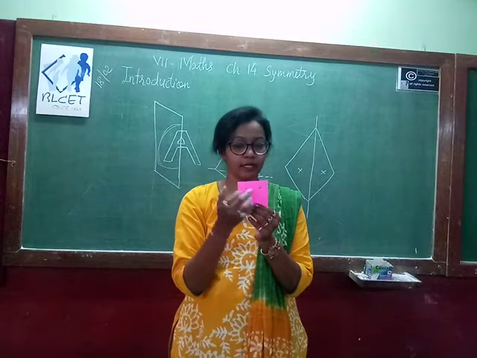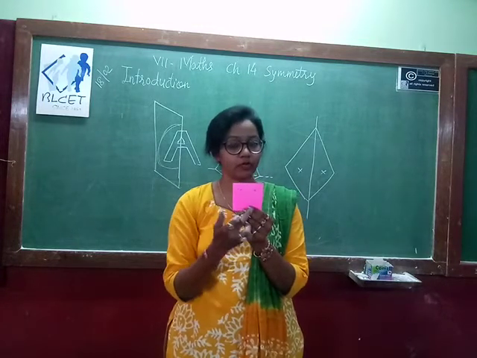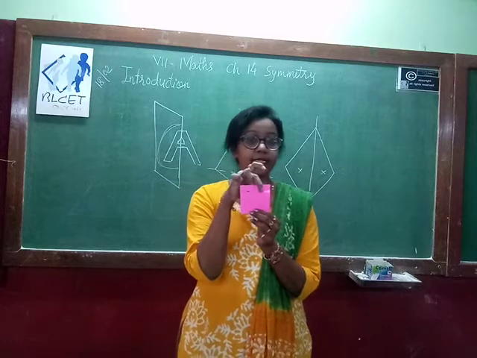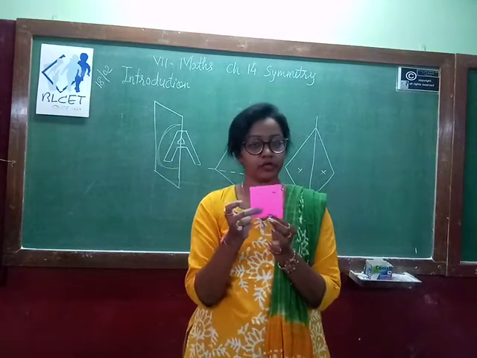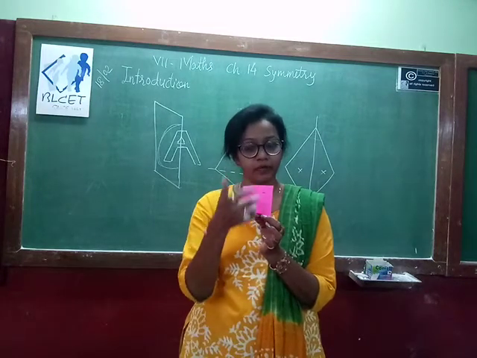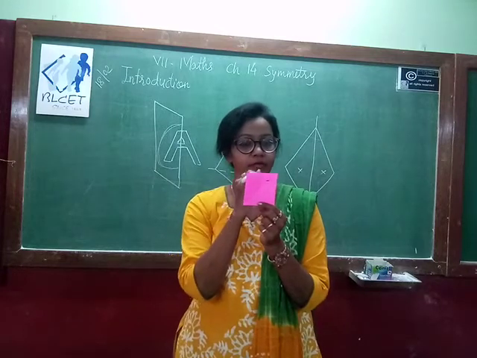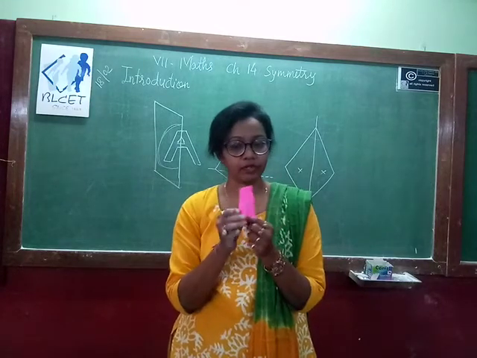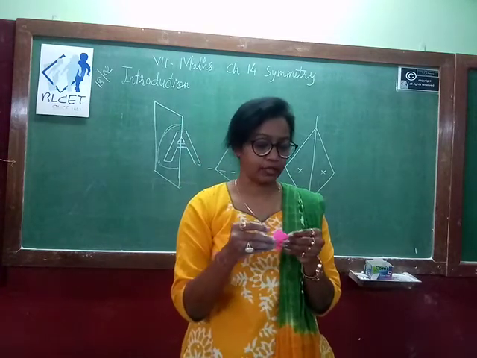You are getting such a pattern. Both are identical to each other, this portion and this portion. The hole is at the same position on this page and this page also. So this is your mirror image, or you can say line of symmetry, the middle one, and you get the same hole at the same distance from the line of symmetry. So this way you can make various kinds of patterns which are identical to each other.